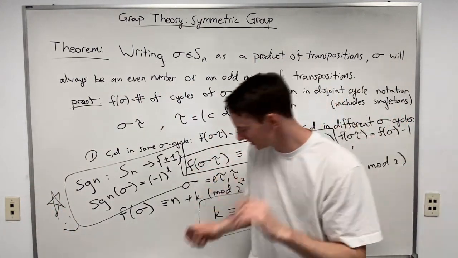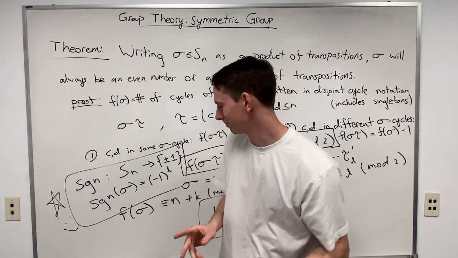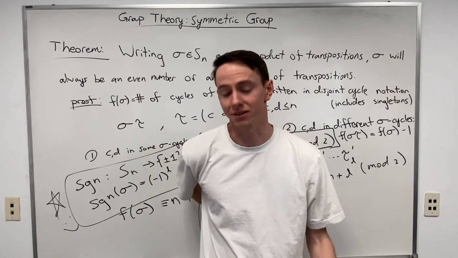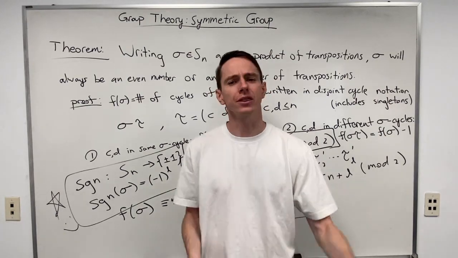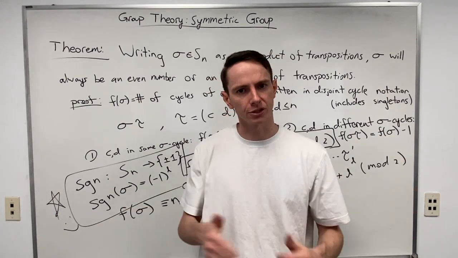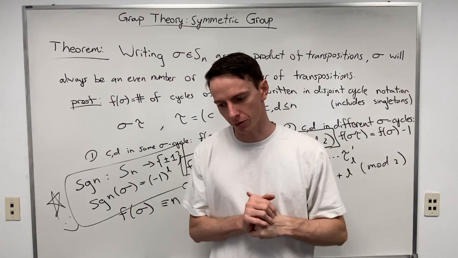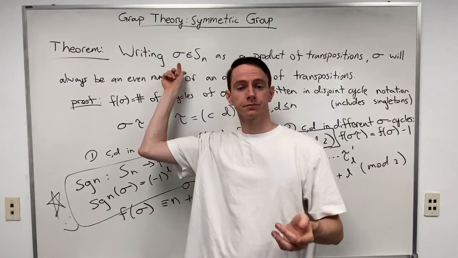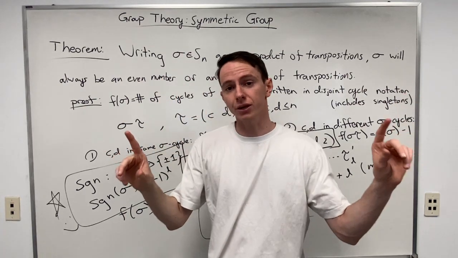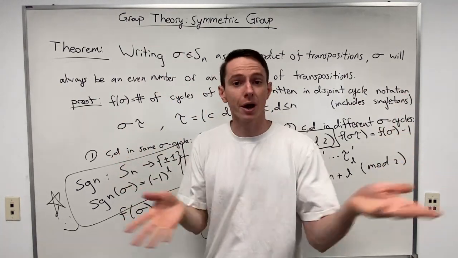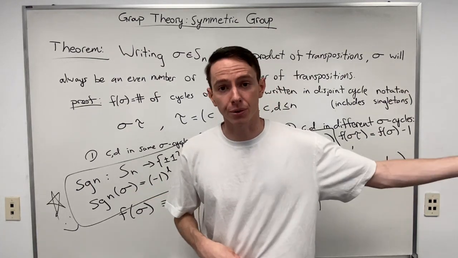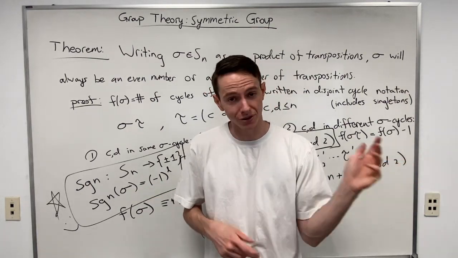Now, just to finish off the video, how do we tell the sign of a permutation? And how can you do this on some of the problem sets? I think we're at the point where we can do problem set 2 at this point. I think we've got through most of problem set 1. What you do is you take a permutation, write it out in disjoint cycle notation, doesn't matter how you do it, and then just count the number of 2 cycles that you have, the number of transpositions.